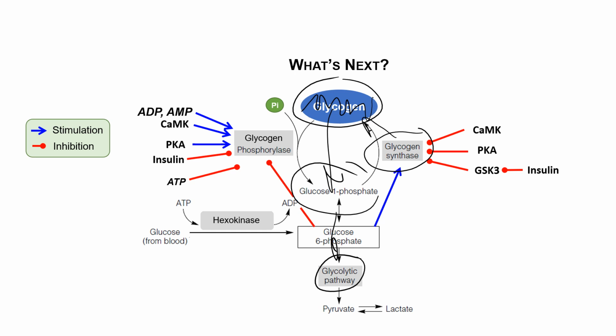So during exercise, what are we going to need to do? We're going to need to activate the enzyme glycogen phosphorylase to break glycogen down, and we're also going to want to inhibit the enzyme glycogen synthase so that glucose isn't being stored as glycogen. So that's where this conversation is going.